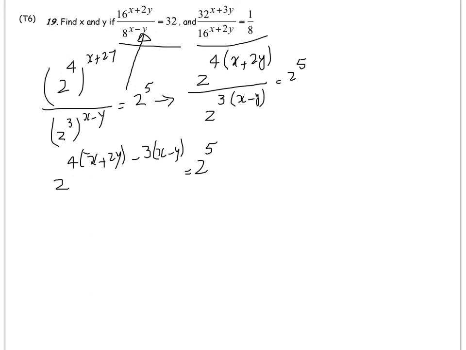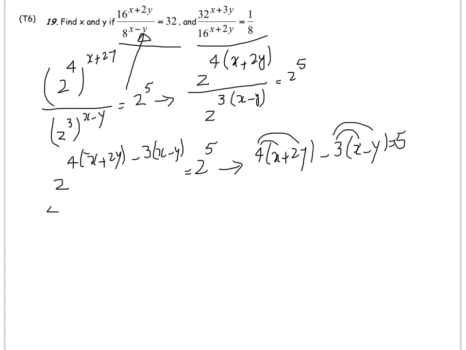Since the bases are the same, the exponents have to be the same, so I get 4 times x plus 2y minus 3 times x minus y is equal to 5. If I distribute 4 and negative 3 inside the brackets and simplify, I get 4x plus 8y minus 3x plus 3y, equal to 5.